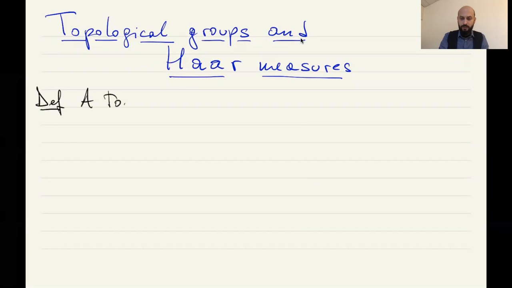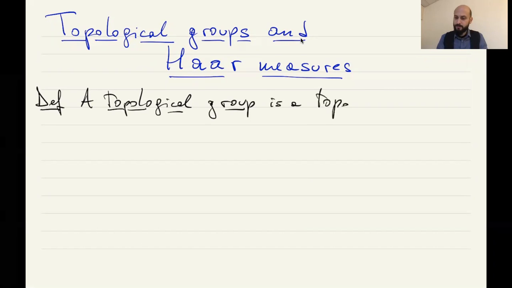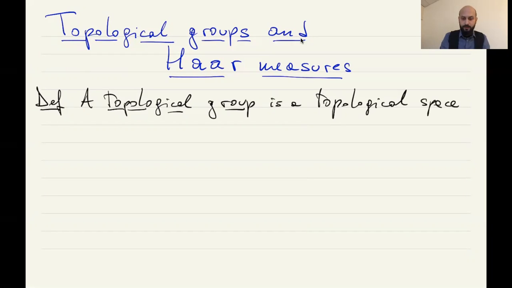So a topological group is a topological space, let's call it G, that is equipped with a topology, but also equipped with a group structure.